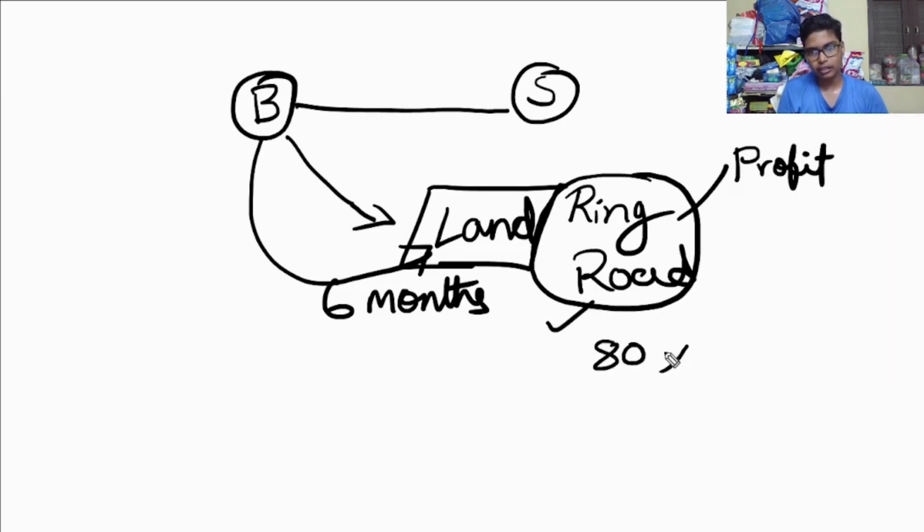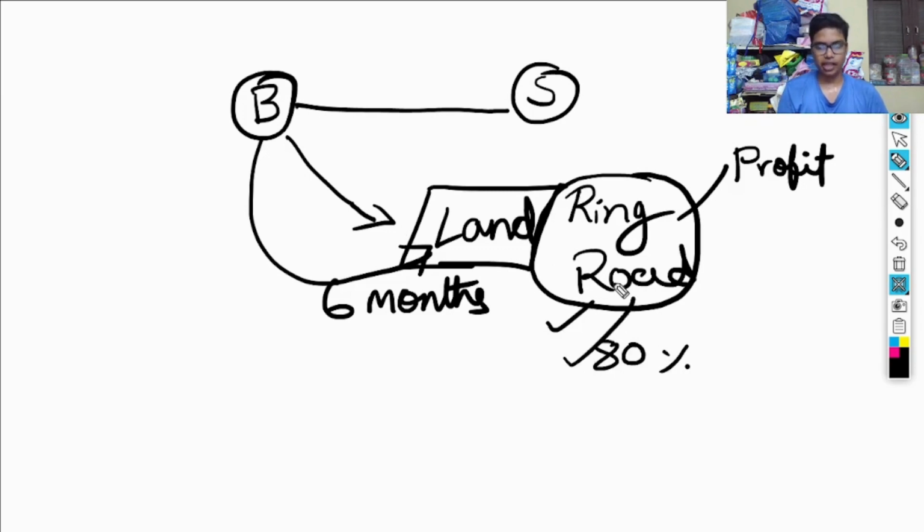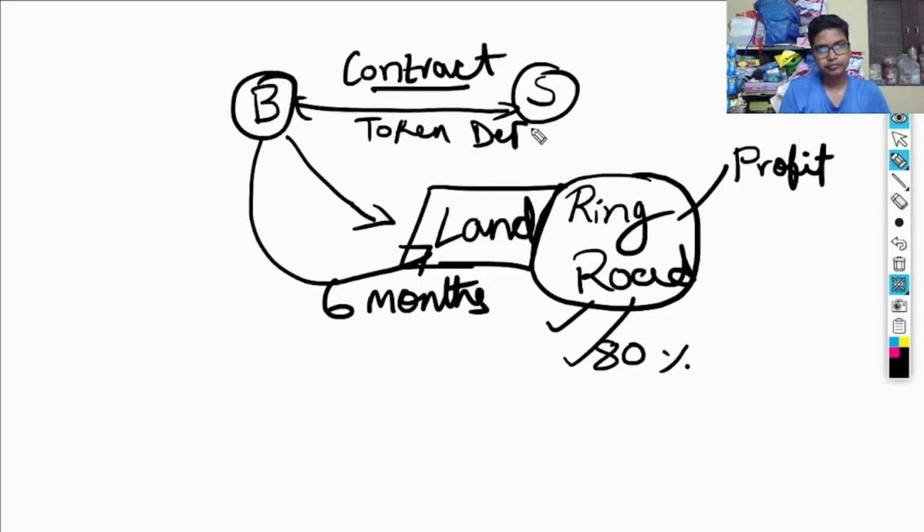Let us say there is an 80% chance of ring road sanction, and the buyer and the seller enter into a contract saying that the buyer will pay 5 lakh rupees as a token amount to the seller.